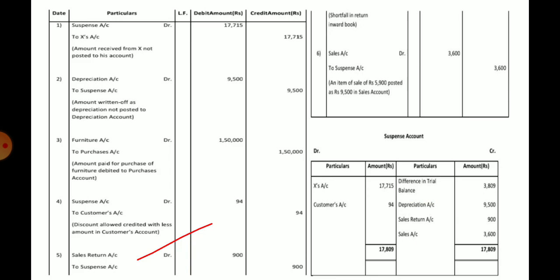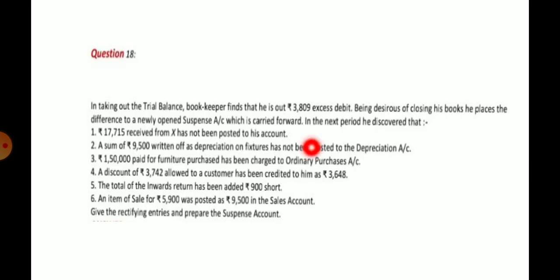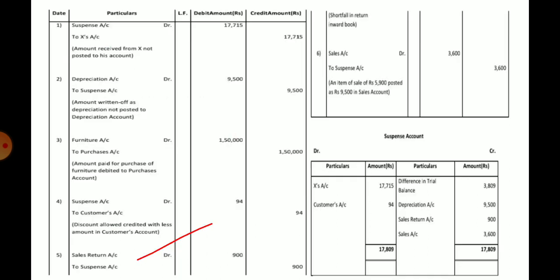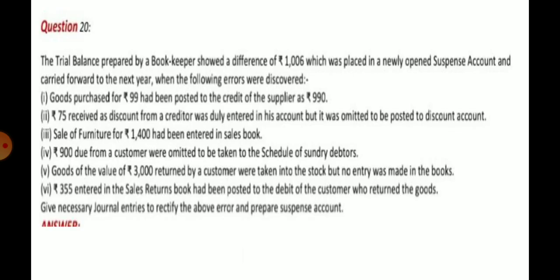On which side? Excess debit will be entered to the credit. Okay, so in this way you prepare the suspense account of this question also. Whatever the difference is, you have to post into the suspense account.